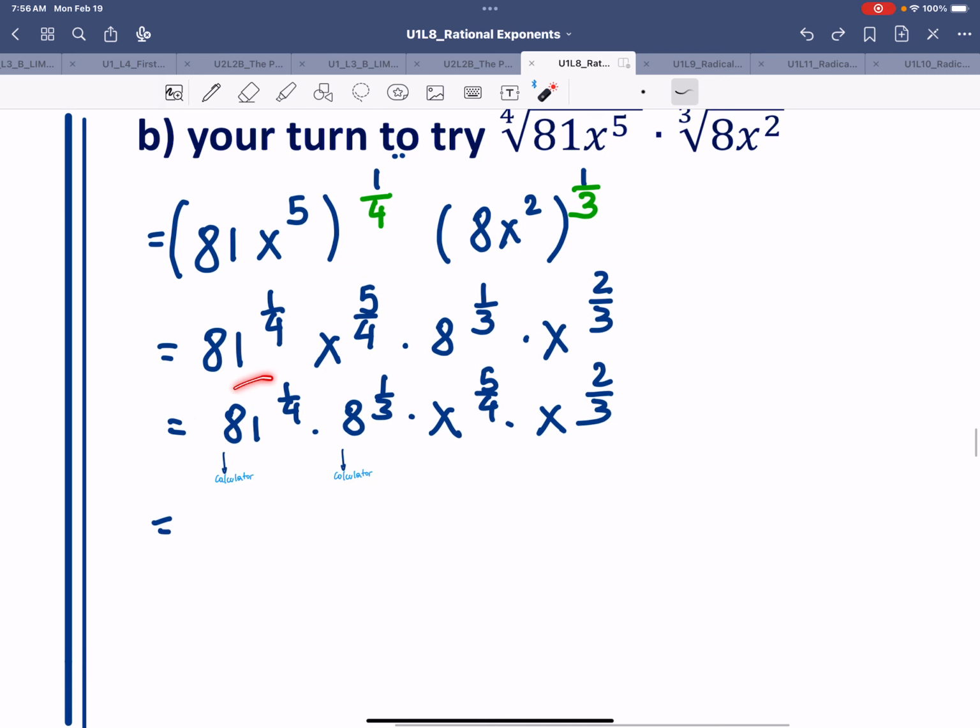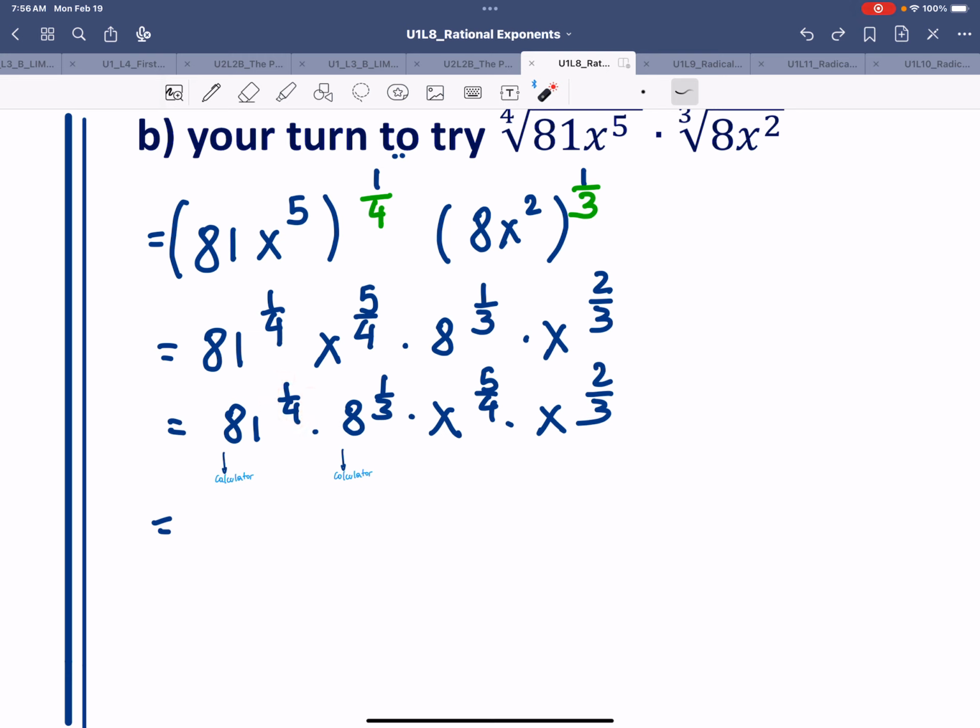So 81 to the power of 1 over 4, all you have to do is type 81, type power in the calculator, and for the exponent, you have to open brackets and write it inside the brackets, and that is because the exponent is in rational form.